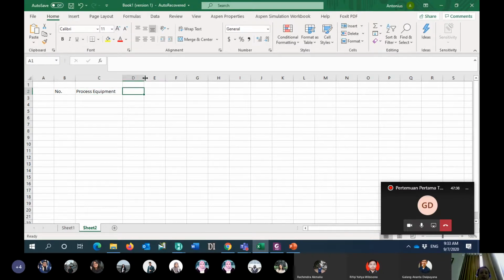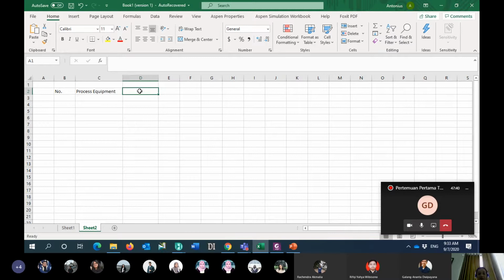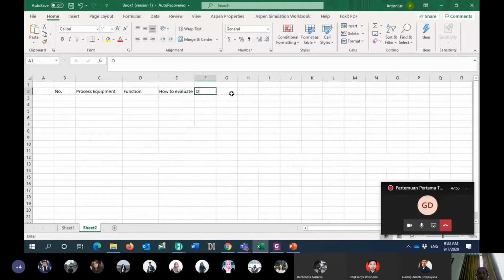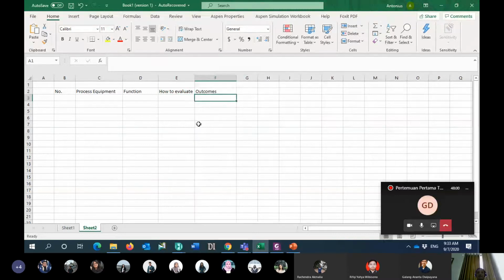D is the function of the process equipment, and then how to evaluate. And F is the outcome. Okay, now we have a discussion.